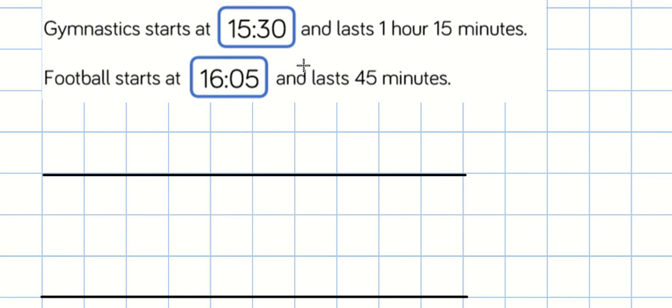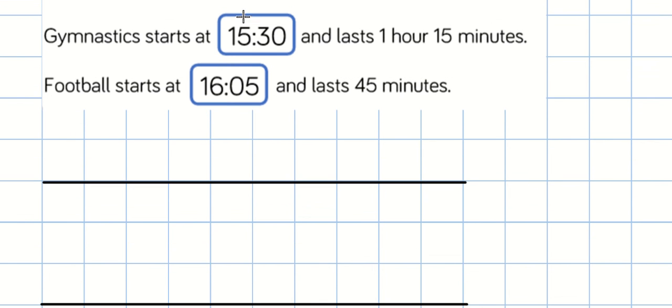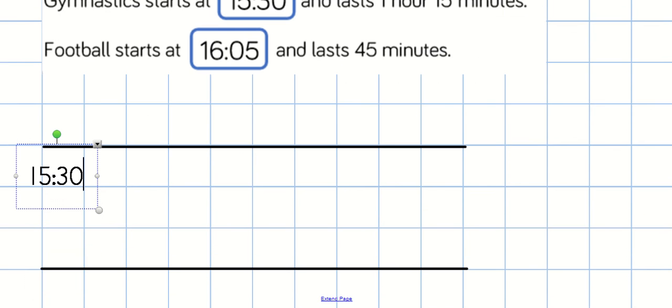So one starts at 3:30 and one starts at 4:05, and one lasts 45 minutes and one lasts 1 hour and 15 minutes. Using number lines, looking a little bit like this, work out which activity ends the latest. So you've got to tell me which activity ends the latest, and I'd use number lines to help you. Pause the video now and have a go by yourself.